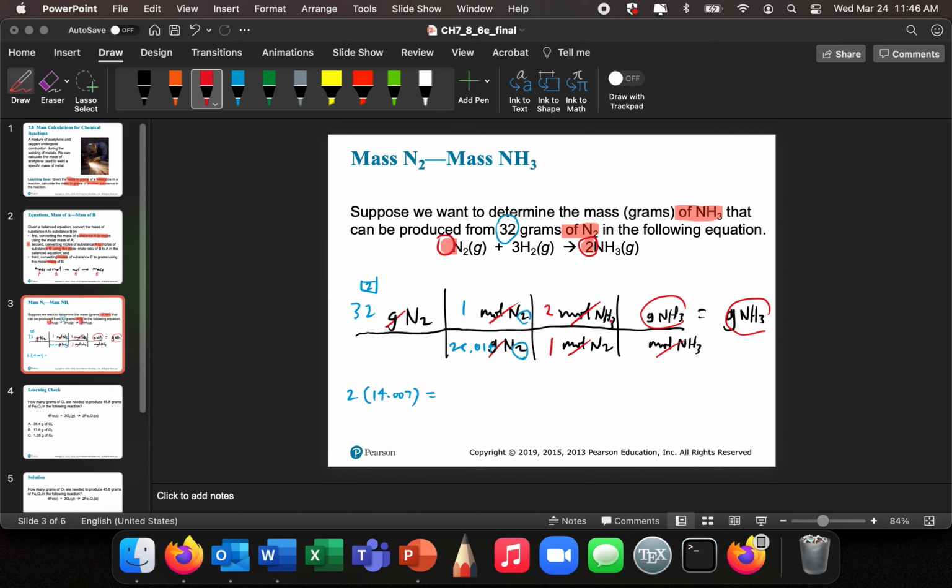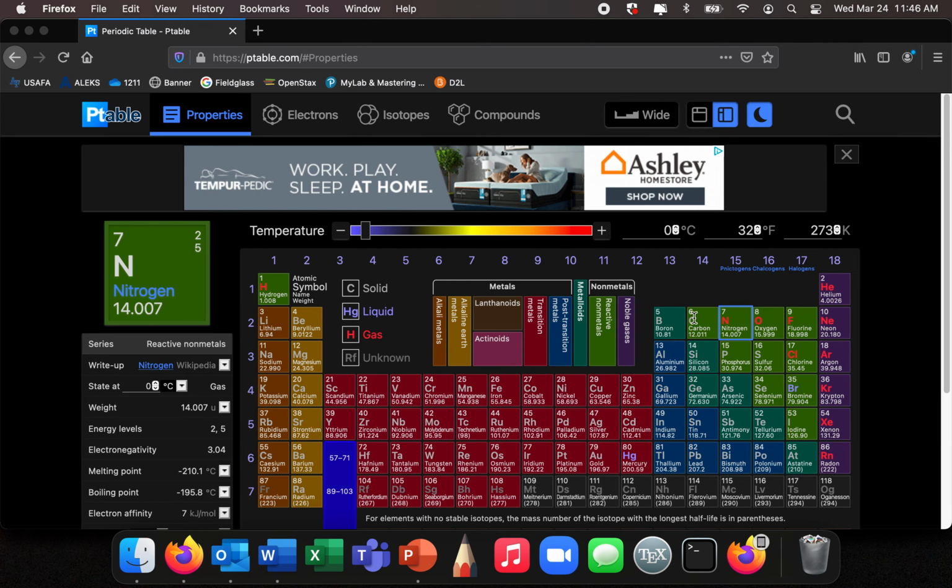All right, and then my grams per mole of ammonia, there's 1 mole for every how many grams? Let's go back over here. And it's 14.007 and 1.008.